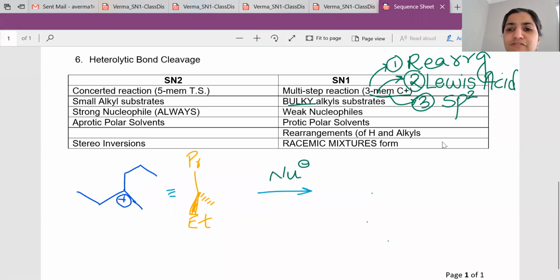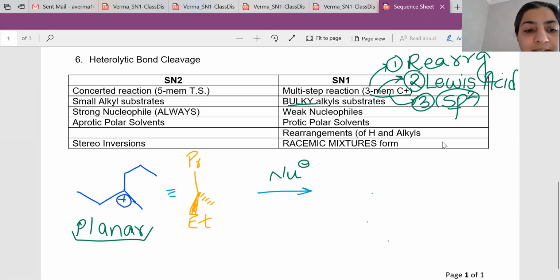The third piece of information that the carbocation gives us is that it is sp2 hybridized. What does that mean? If your carbocation can generate a stereoisomer, this carbocation will be a planar molecule because of its sp2 hybridization. It is a flat molecule.